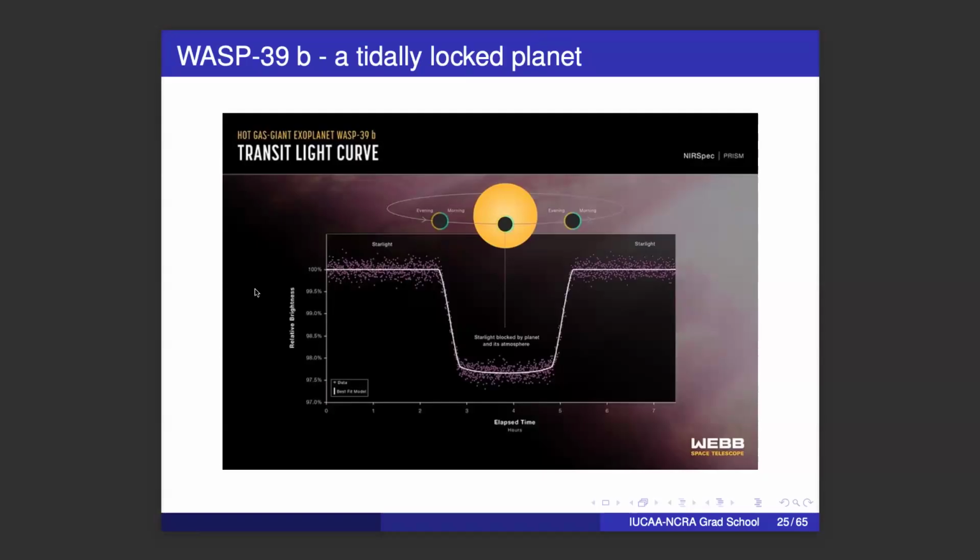Remember, even with the transit technique, it is easier to detect short-period objects and massive objects, because massive objects have larger radii and therefore lead to a big drop in flux, which is measurable. By big drop in flux, one means here 1%, 2%, and so on. It's not very large, but yes, quite easily measurable.